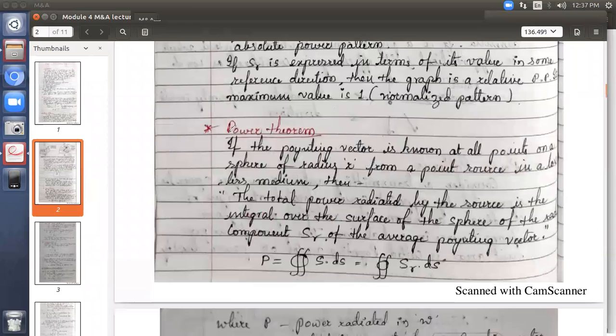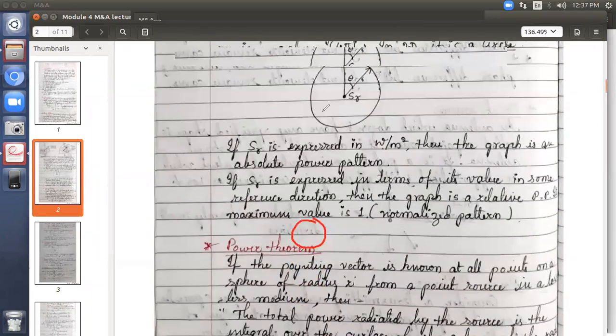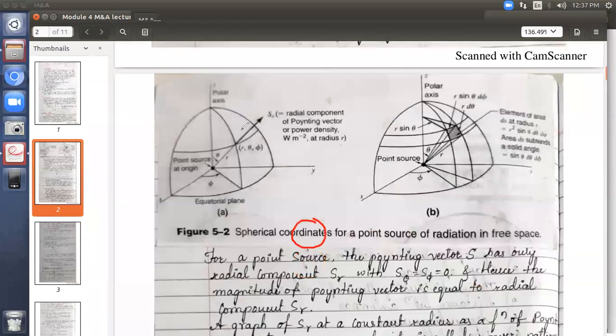Now coming to power theorem. In yesterday's class, we started with this. So before that, in the power theorem, you should know why we are taking only SR. That is important. Because if you observe this figure, here only the radial component of the Poynting vector exists. No theta and phi component.